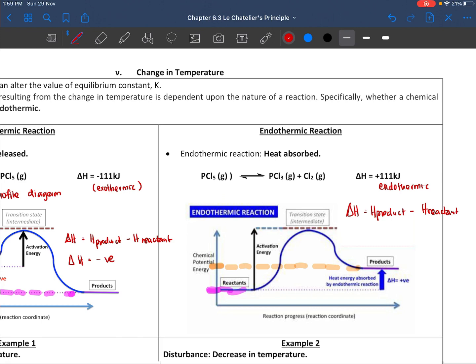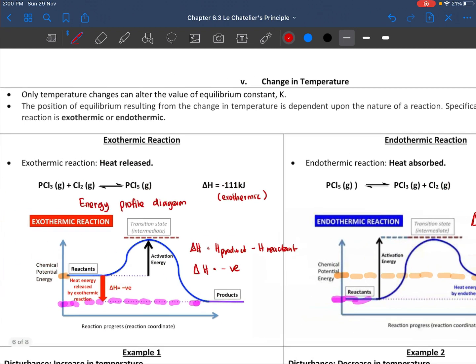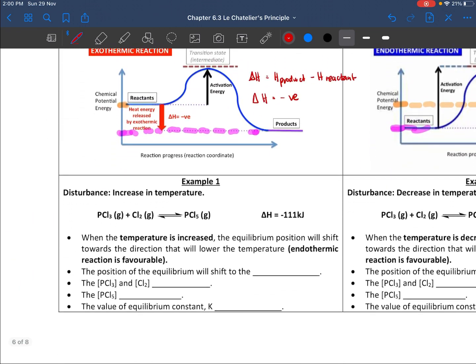Okay, so kalau produk dia punya entalpi dia lagi besar, so besar tolak dengan kecil, kita akan dapat positive value. So delta H dia adalah positif. So ingatlah, endothermic heat absorb from the surrounding, so delta H dia positif. Okay, alright, so by using that knowledge, kita akan cuba untuk applykan konsep Chatelier tadi lah.